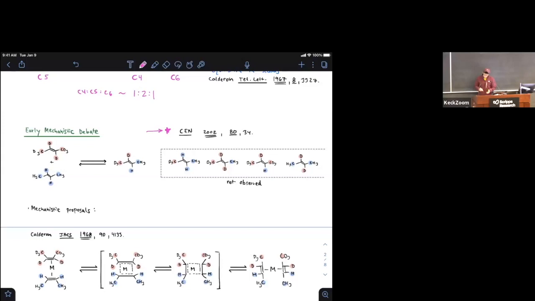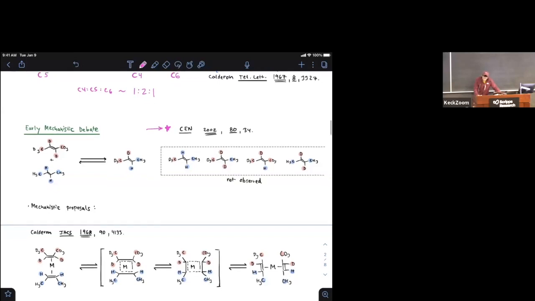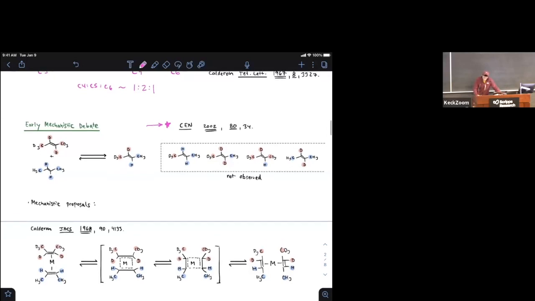So rather than draw this as R1, R2, R3, R4, I just have this as deuterated and non-deuterated to try to make it as clear as possible. Geminal carbons remained attached to one another, and that rules out some mechanisms that you could potentially draw, but it's not conclusive about what mechanisms. So none of the corresponding crossover products are observed.